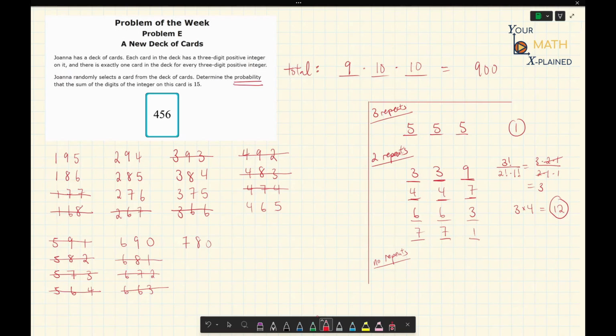And then we've got 7, 7, 1. That's a double, so we can already stop. And then we've got the 8s and we've got the 9s. And you can add a few more in here, and you'll actually see that all of them are double counted already. It'll be permutations of what we already have.